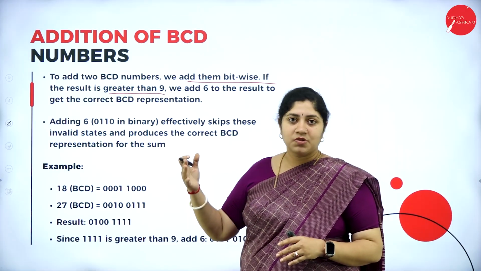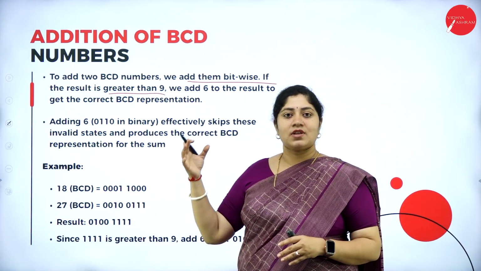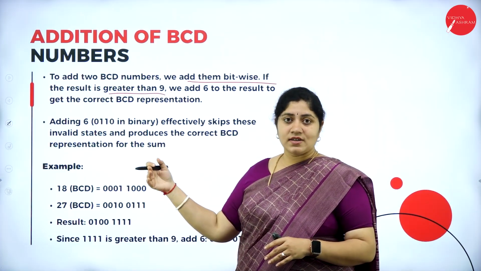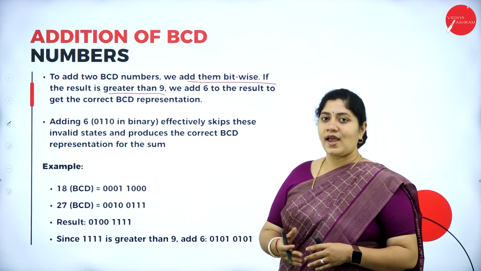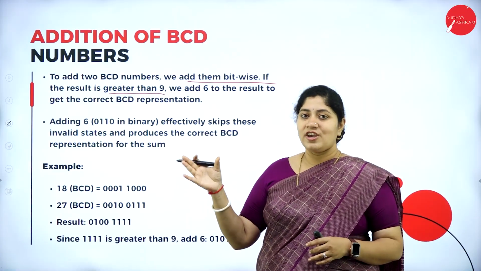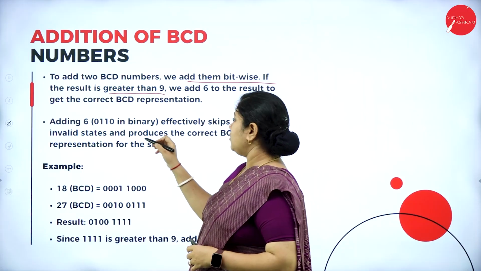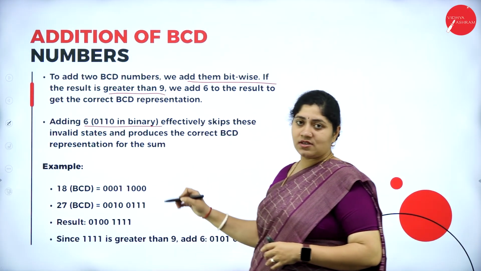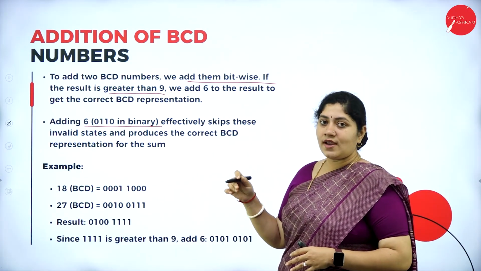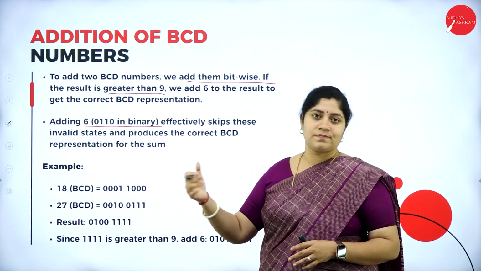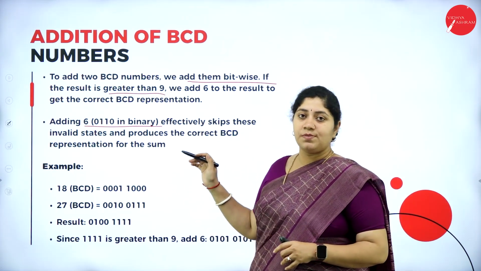But sometimes the answer will be greater than 9, right? So, at that time, we have to add a binary 6 to the final answer. Please remember, a value 6. That's a binary 6 in order to correct my final result. So, that's addition with BCD.